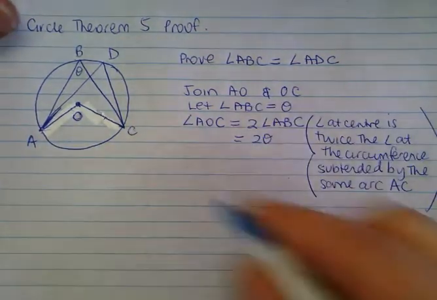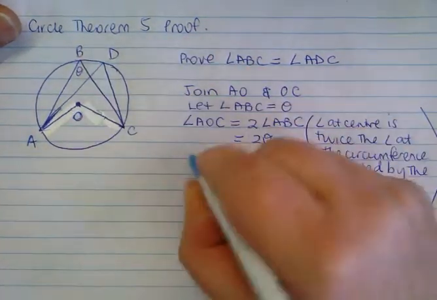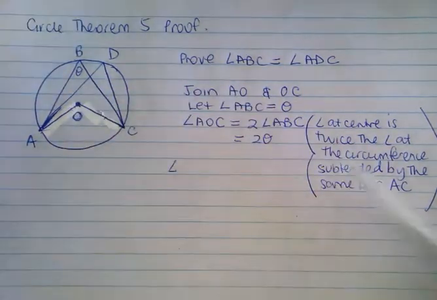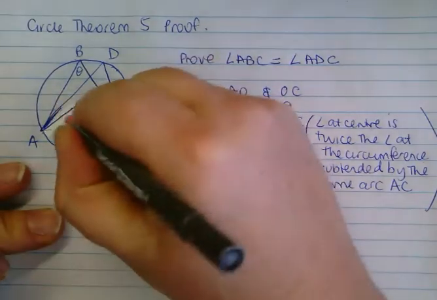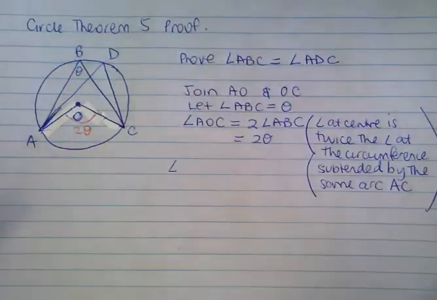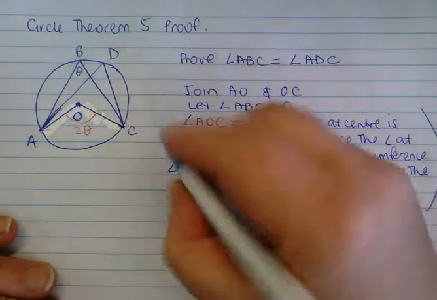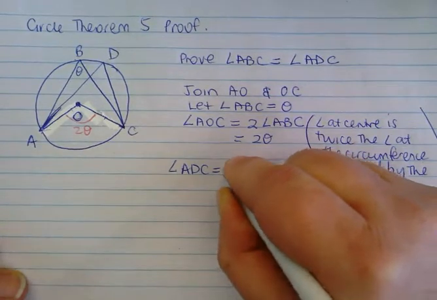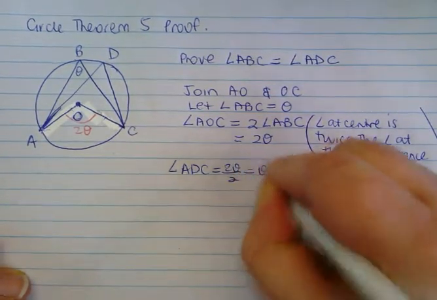Now what do you think I should do? Can I say what angle ADC is as well? Now that I know that angle AOC is 2 theta, what can I now say about angle ADC? Angle ADC equals 2 theta divided by 2, which is theta.